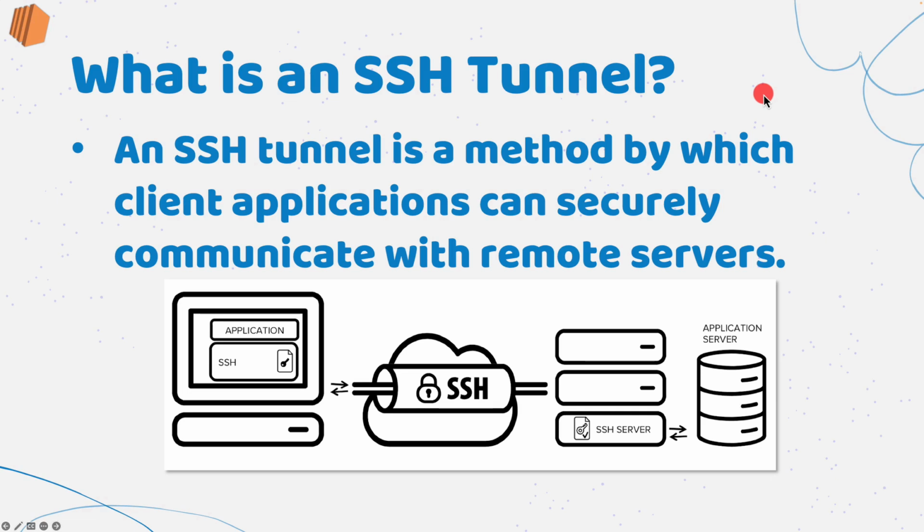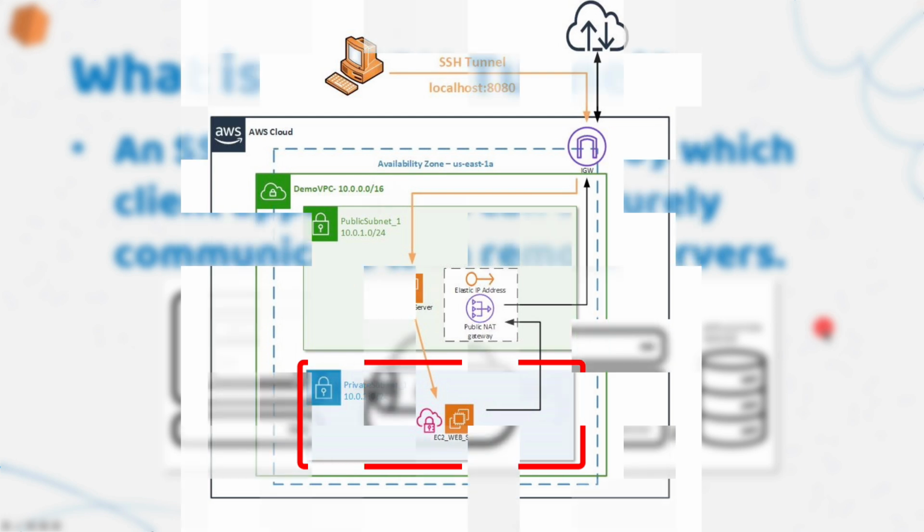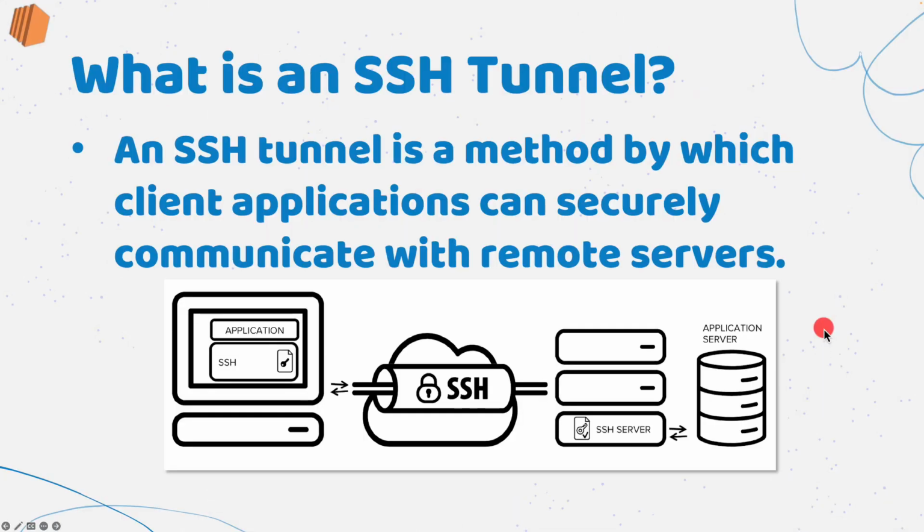SSH tunnels are commonly used to access remote servers behind firewalls, bypass network restrictions, and securely connect to internal services from your remote machine. For example, if a web server is running on an EC2 instance in an AWS private subnet that you cannot access directly over the internet, you can use SSH tunneling to securely forward traffic between your local machine and that service. SSH tunnels provide both security and flexibility.